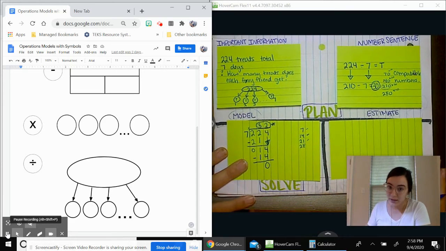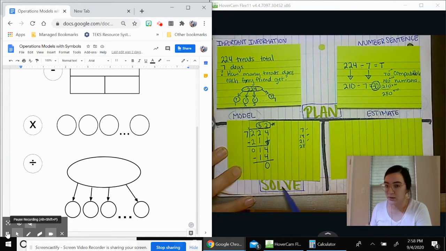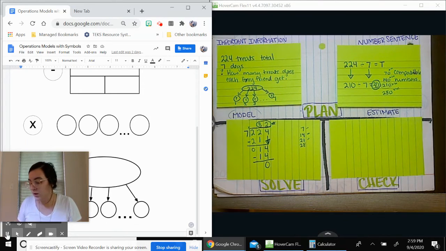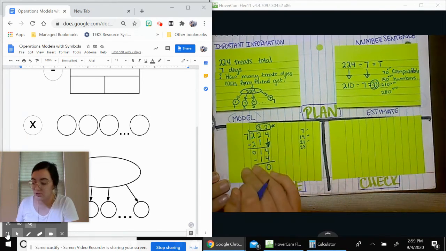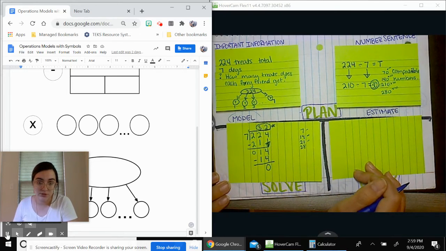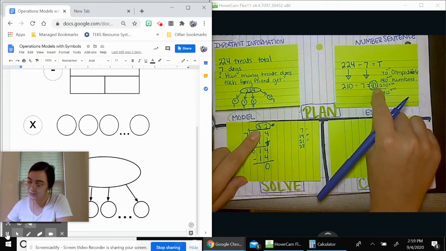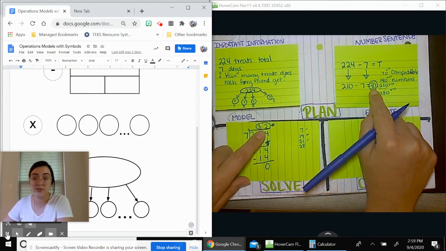And now that I have solved my answer, I'm going to go back and check my work. When we check our work, the opposite of division is multiplication. So first, I'm going to very quickly check to see was my estimate close to my actual answer?